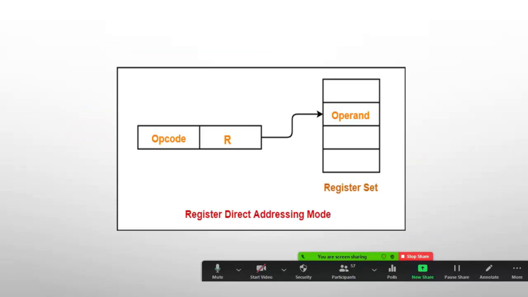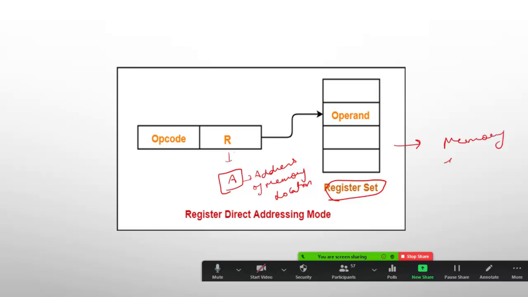Now this is a diagram to represent the register direct addressing mode. Here you can see that in the place of A, previously we have seen that A was representing the address of a memory location. Now this is a register set. But in the previous addressing mode, there was memory in the place of the register set.